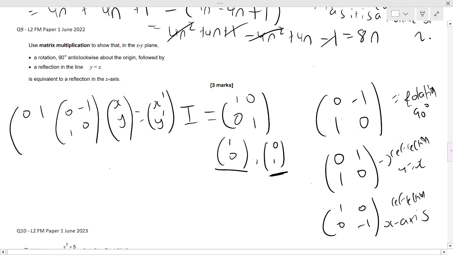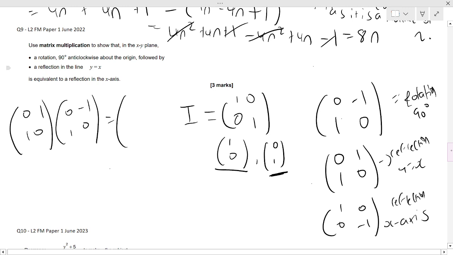So it's going to be 0, 1, 1, 0 times the rotation matrix. Because what this is saying is we are rotating the points first, which gives us a new set of points, and then we are reflecting those new points to get another set of points. So essentially the order is going to be this, and that's the matrix we need to compute.